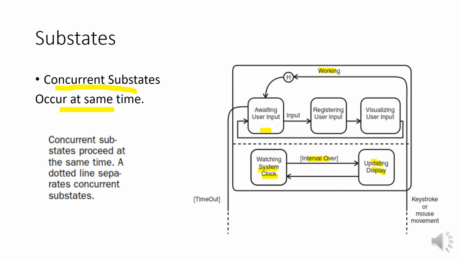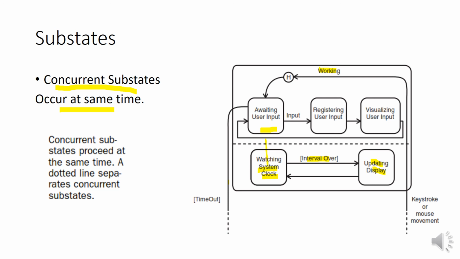For example, an application might include an on-screen clock that the GUI has to update. In this case, the GUI is not just awaiting user input but also displaying the system clock at the same time.